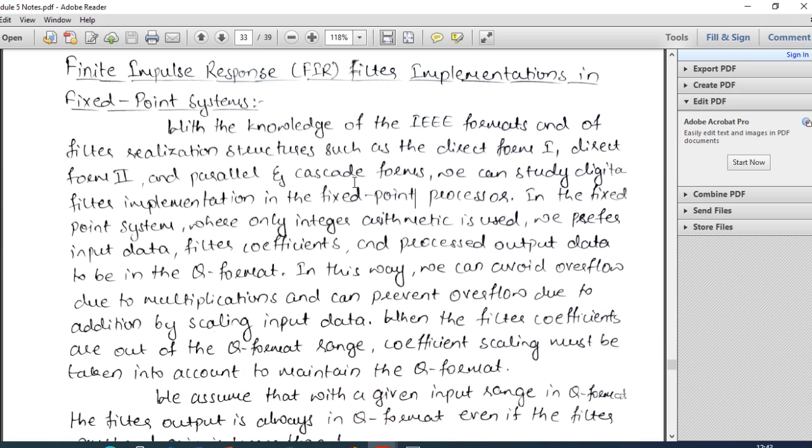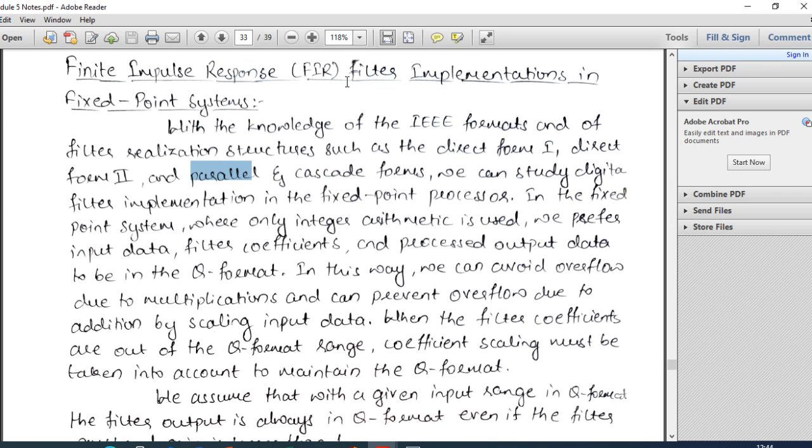So this is finite impulse response filter implementation in fixed point systems. As we already know, digital filters like FIR can be implemented using direct form 1, or you can use cascade forms. There are some other techniques like parallel and direct form 2 also, which we will discuss in the IIR filters. These are the other ways where we can implement digital filters.